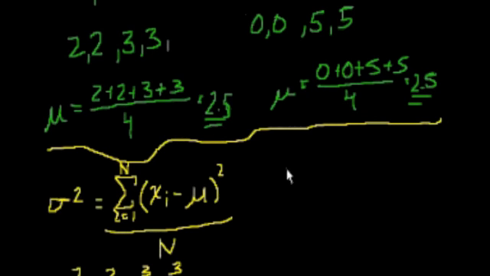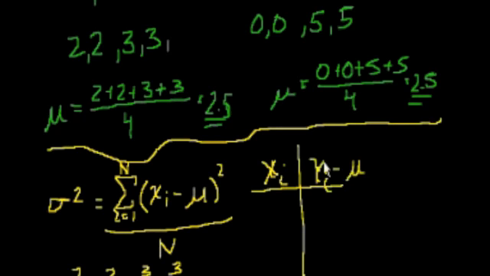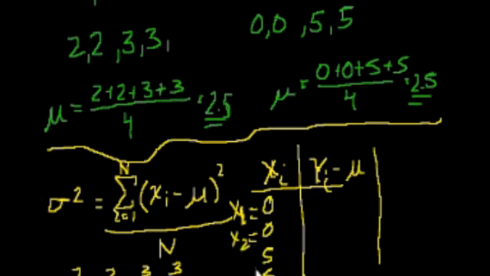Let me write x sub i, and then x sub i minus the mean in this, for this population. So x sub i, there's a 0, a 0, a 5, and a 5. This is the first term, x sub 1, this is x sub 2, and so forth.